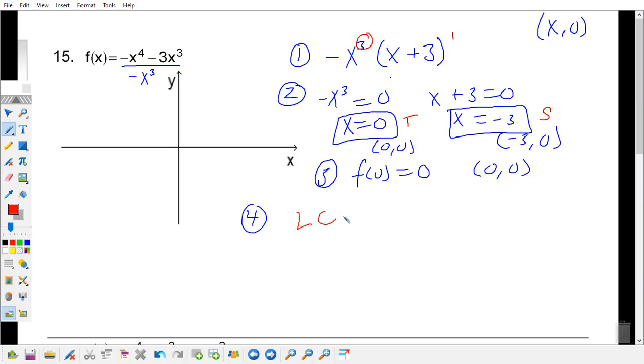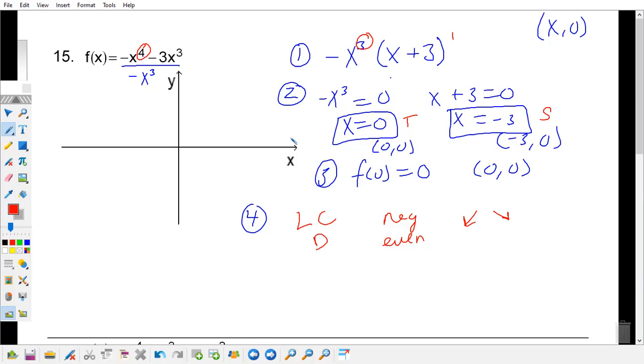My leading coefficient, is it positive or negative? Negative. So I have to end negatively. And my degree, is it odd or even? Even. So they're both going to be going down. So when I graph, I start negative and I have to end negative.